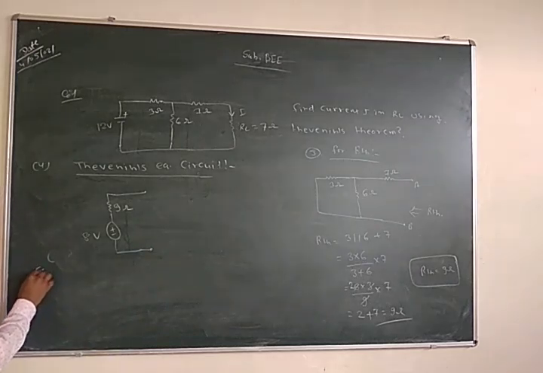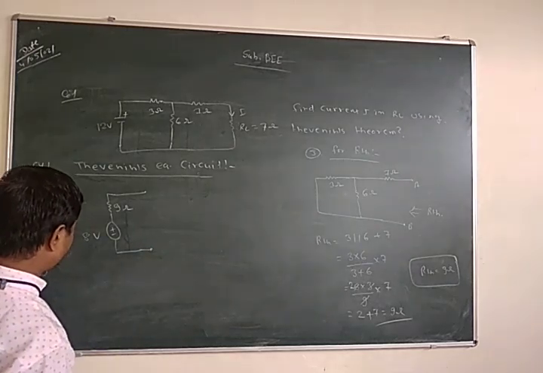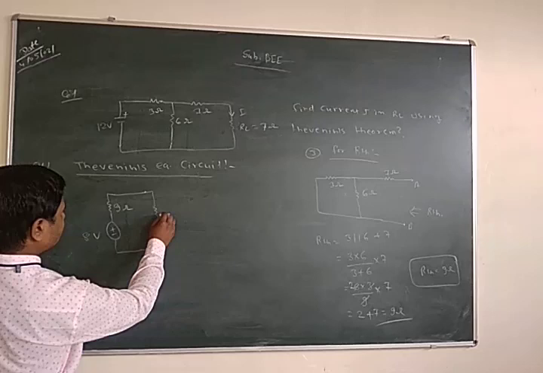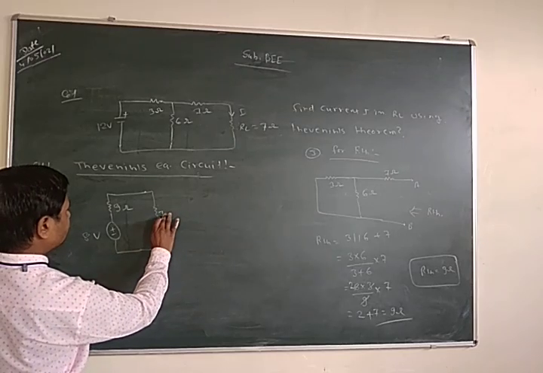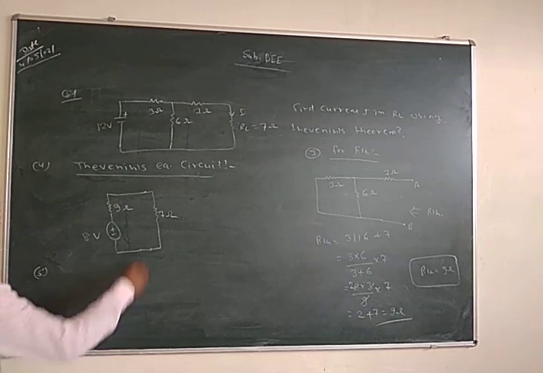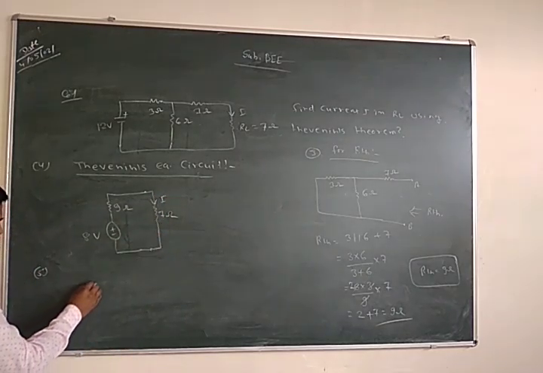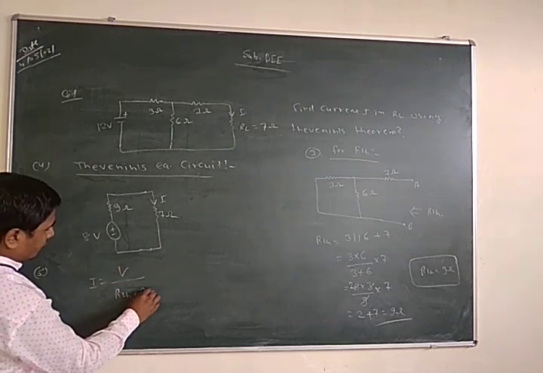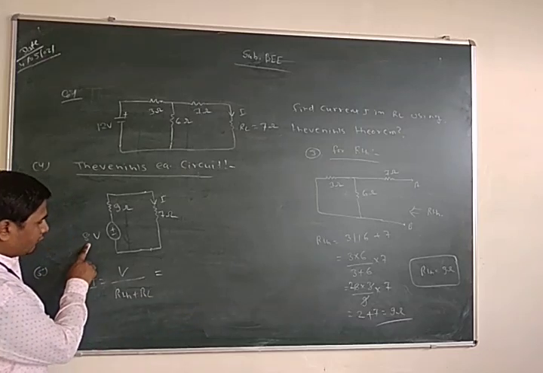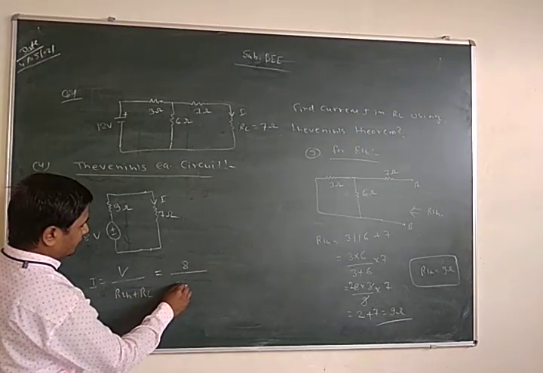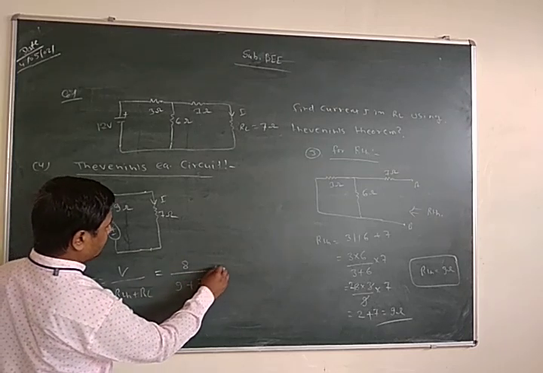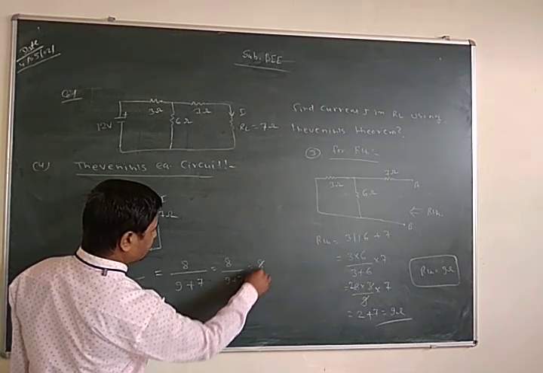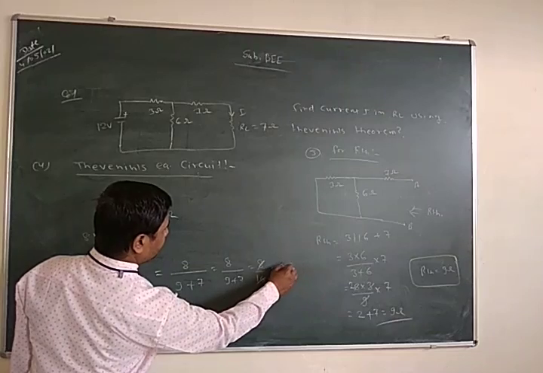Now in step 5, we reconnect the load resistance, that is 7 ohm. Now we find the value of current I. I is equal to V upon RTH plus RL. V is equal to 8 volt, RTH 9, RL 7. So 8 divided by 9 plus 7, 8 divided by 16, that is 0.5 ampere.